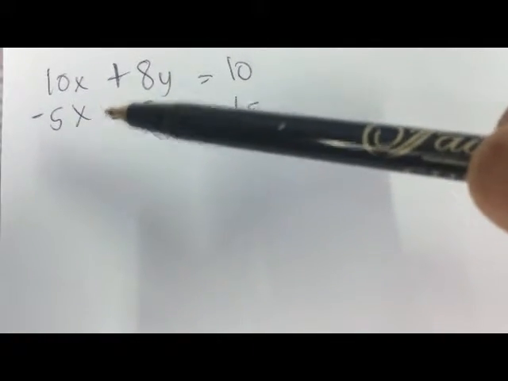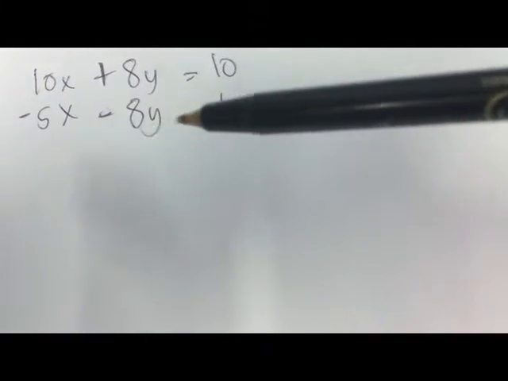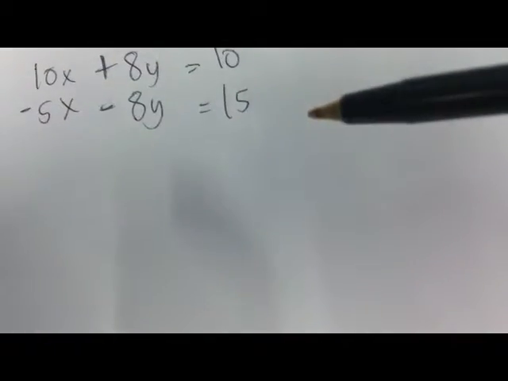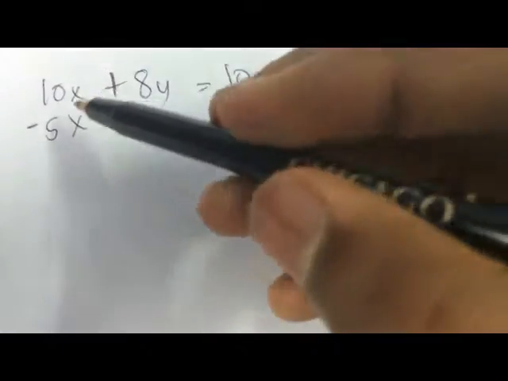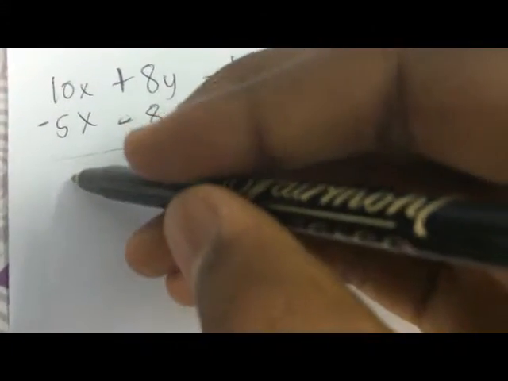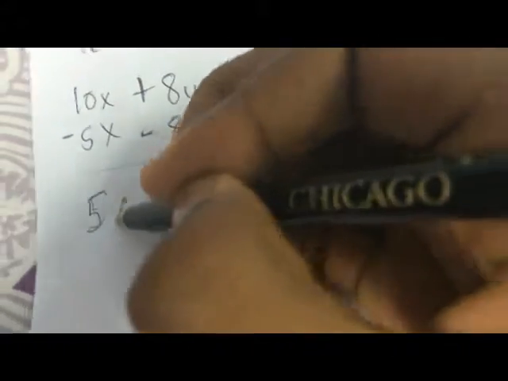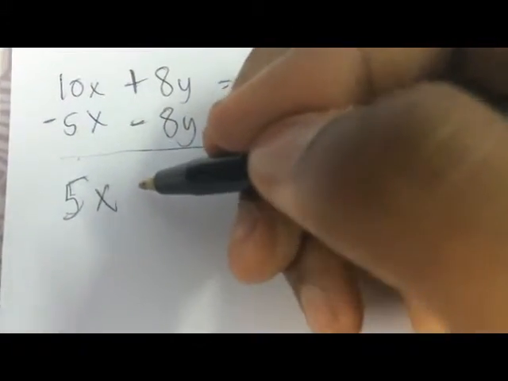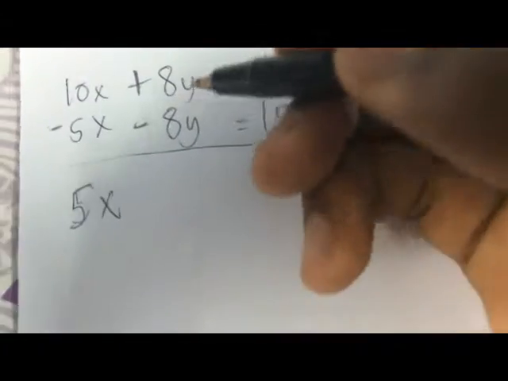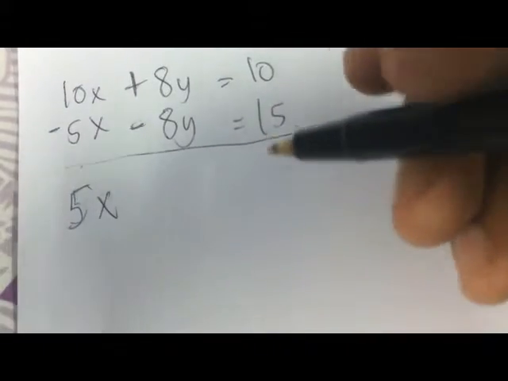Now we're using subtraction to eliminate. So the question says 10x plus 8y equals 10 minus 5x minus 8y equals 15. So 10x minus 5x equals 5x minus 0, because positive 8y minus negative 8y equals 0.